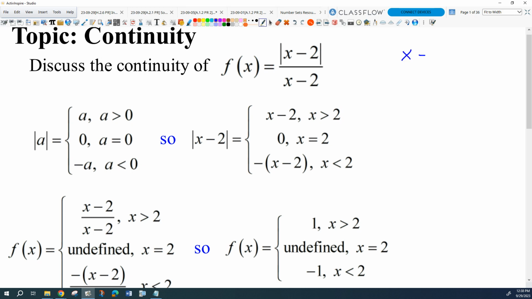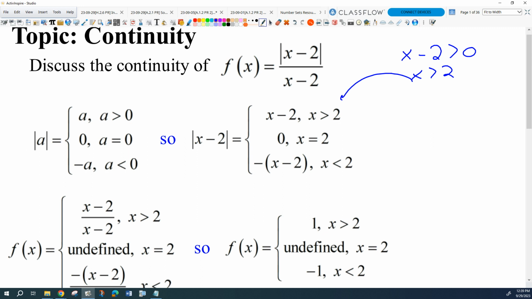We could just solve the inequality and find out. x minus 2 is greater than 0 whenever x is greater than 2, right? So that's how we get this domain. It's equal to the opposite of x minus 2 whenever x minus 2 is negative valued, which is when x is less than 2. So then we could build the function absolute value of x minus 2 divided by x minus 2 by just dividing each piece of this piecewise function by x minus 2, right?